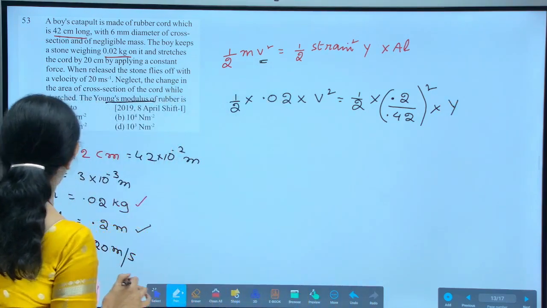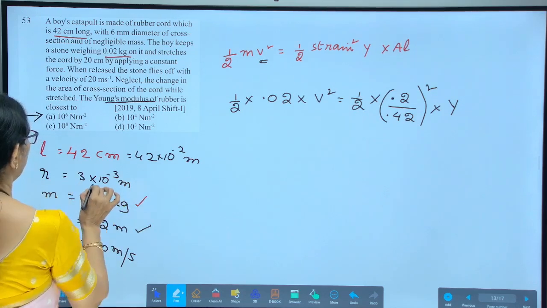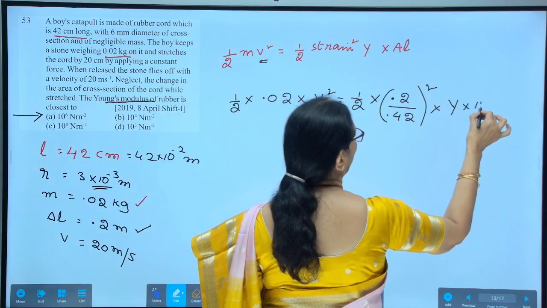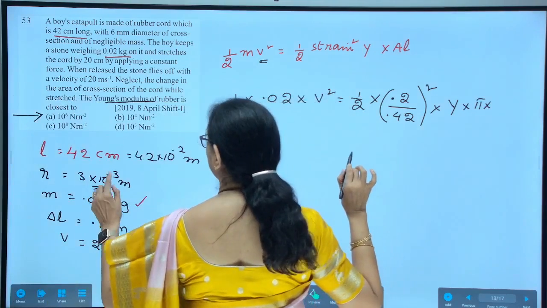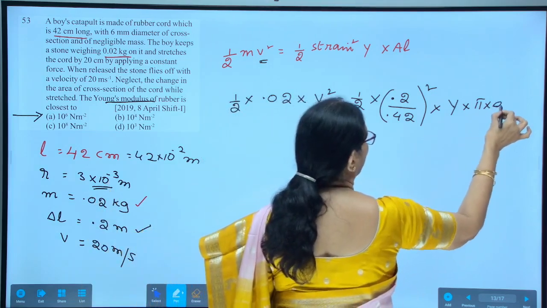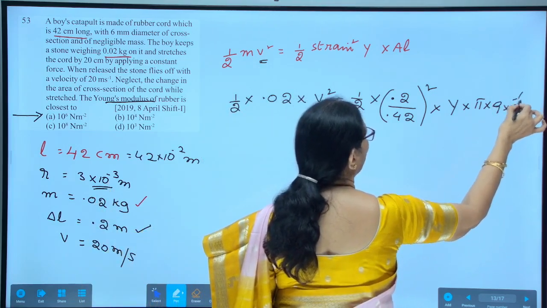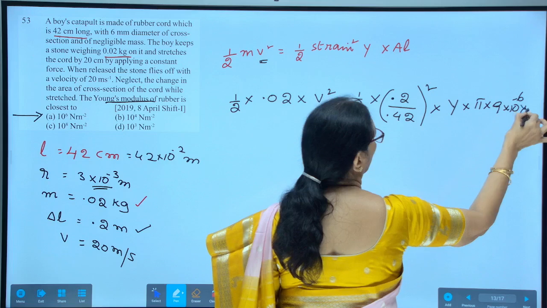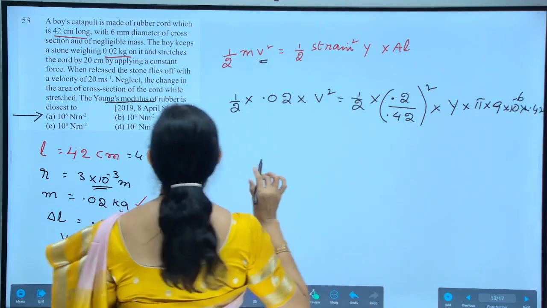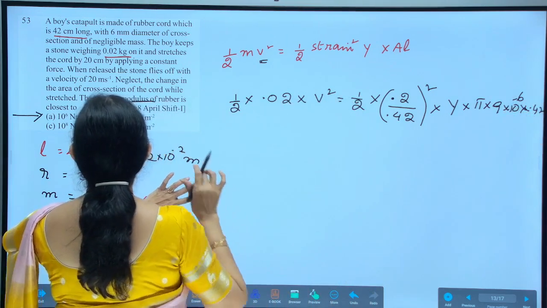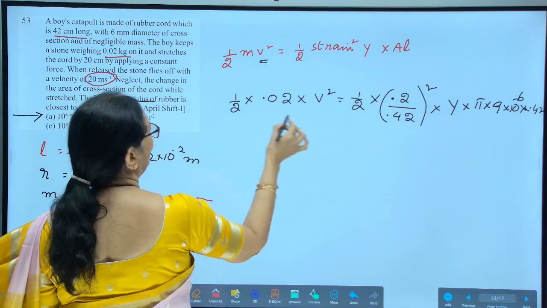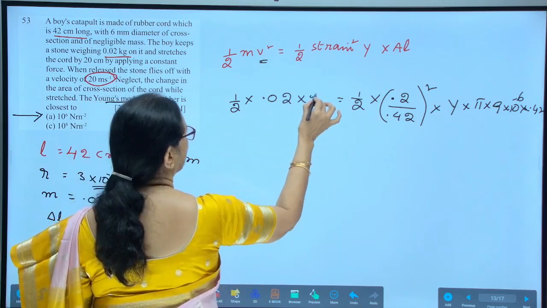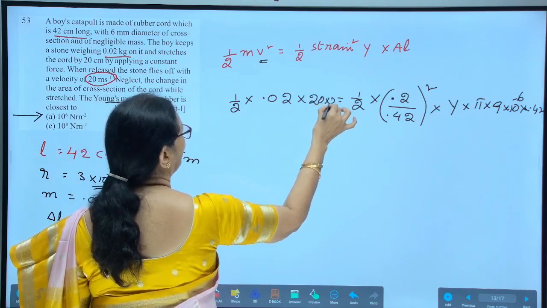Area of cross section is pi r square. R is given as 3 into 10 power minus 3, so r square is 9 into 10 power minus 6. Length is given as 0.42. And the velocity with which it is projected is 20 meter per second, so it is 20 into 20.